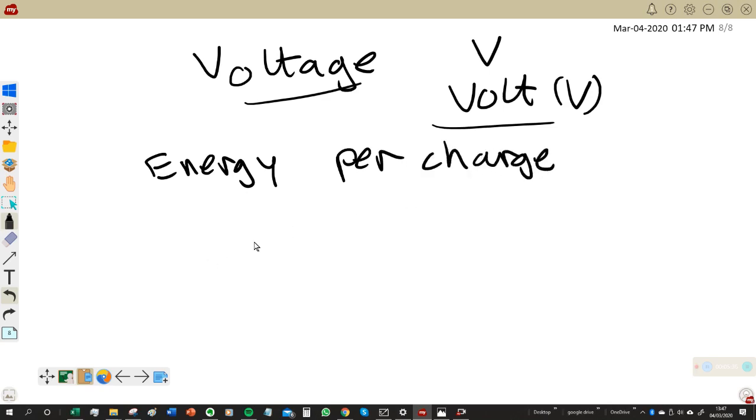So if you've got a load of electrons, then how much energy do those electrons have? And that would be the voltage. Okay, voltage is often talked about as potential difference. There is a subtle difference, but for now we'll say it's pretty much the same.